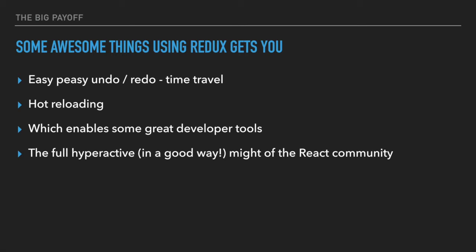So combination of hot reloading and time travel means that you get to a state in your application, you come to a bug, you step backwards using your developer tools time travel tool, which I'll show a bit later on with regard to Vue and Vuex. You change your code where the problem was.